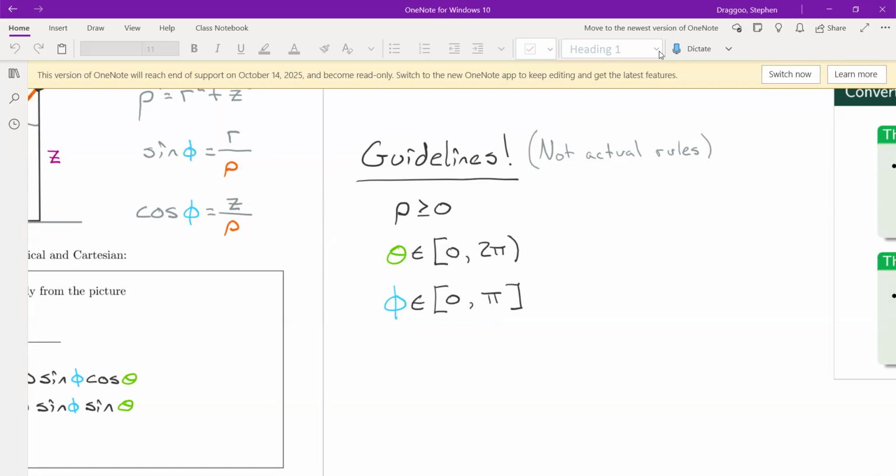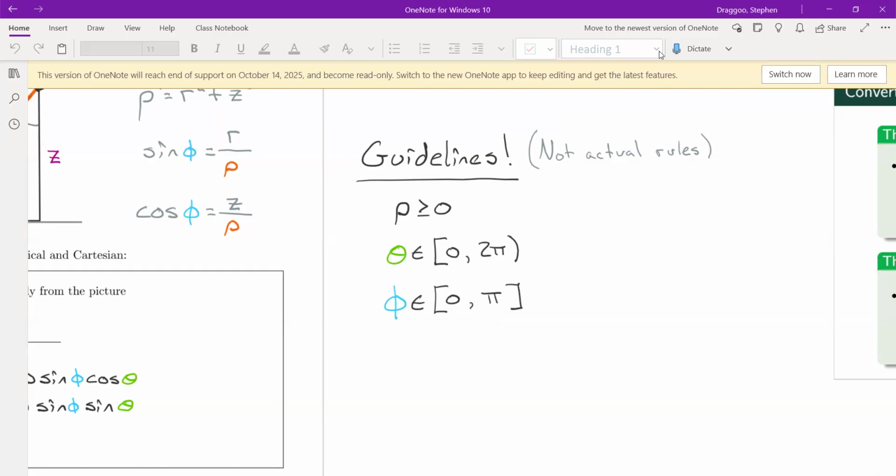I'm going to have rho be a positive number, so rho will be greater than or equal to 0. Theta, whenever possible, is going to be between 0 and 2 pi, so that's one trip around our circle. And phi, I'm going to contain between 0 and pi.